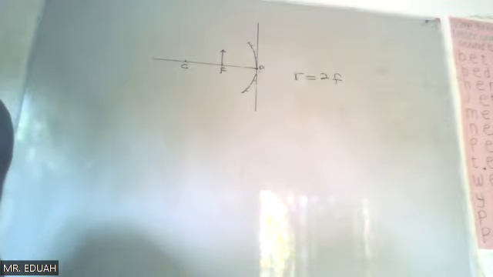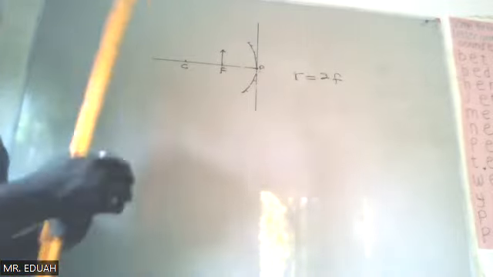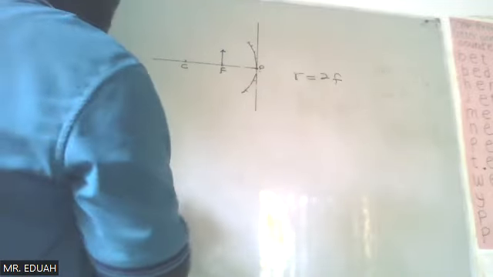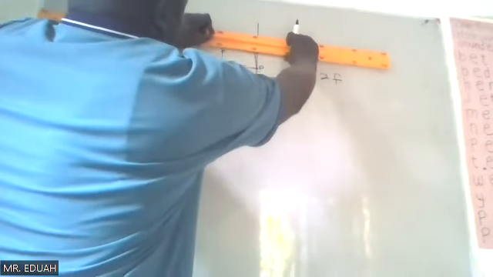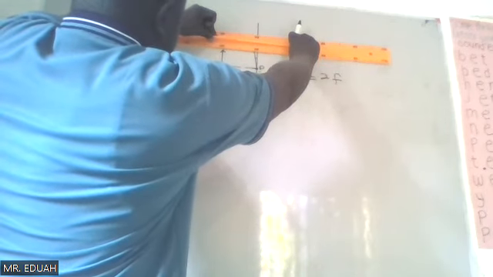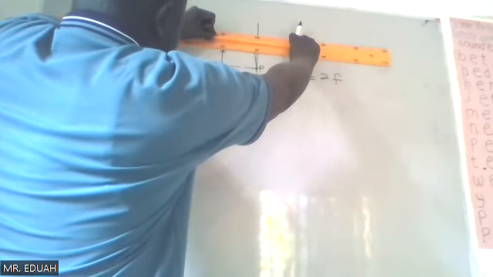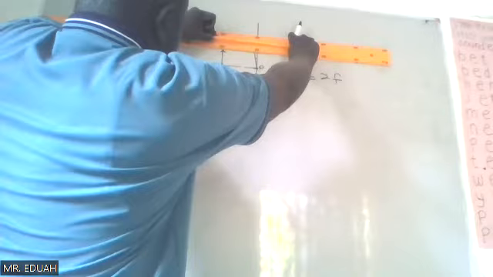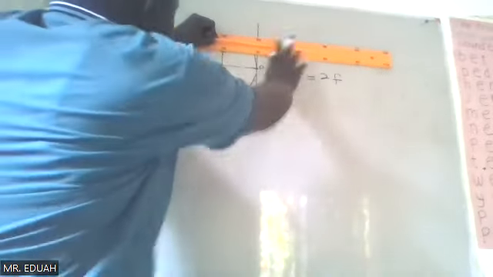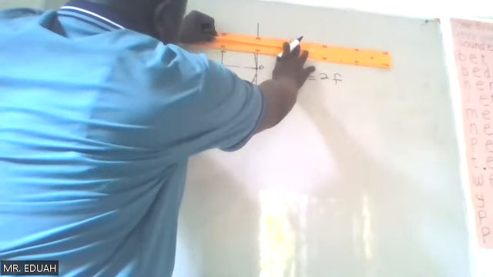using ray diagram, let's draw. So a ray of light parallel to the principal axis, after reflection. Here it's about you ensuring that whatever you are drawing as a ray is parallel. You are gauging.